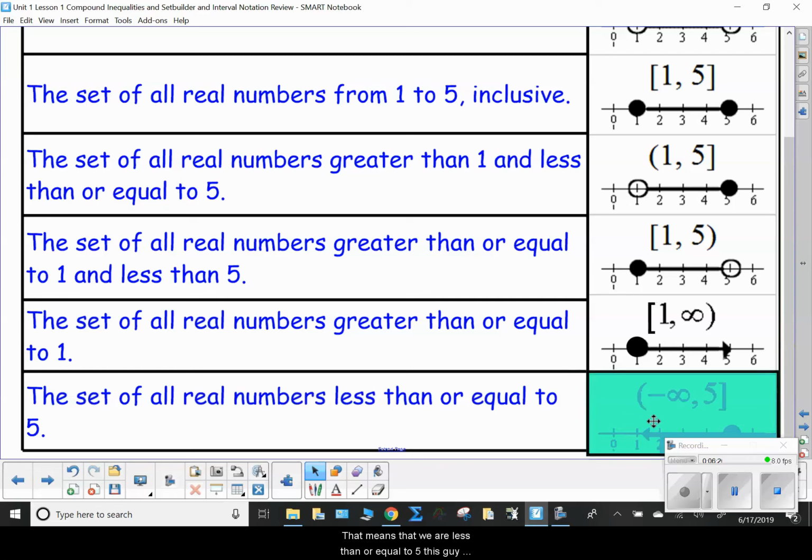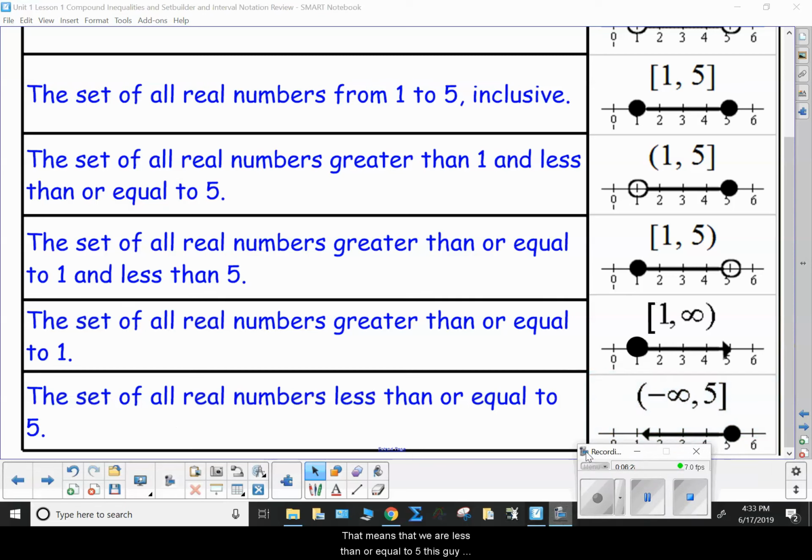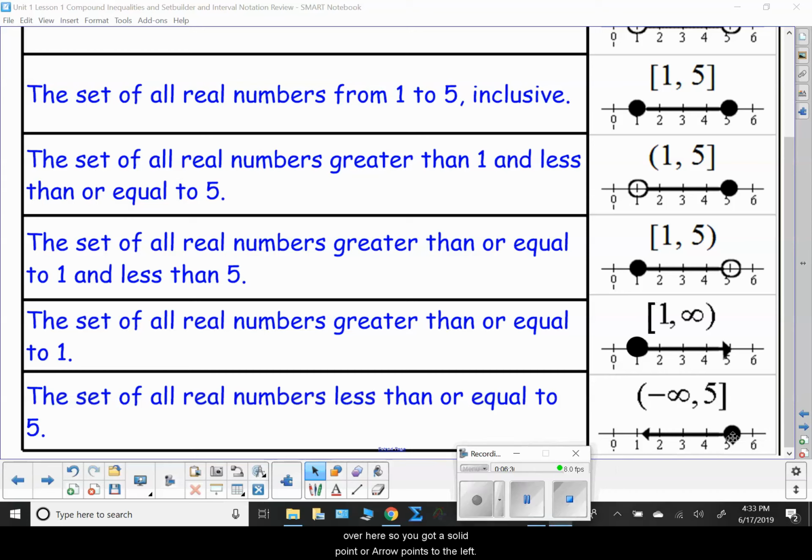Well, that means that we are less than or equal to 5. So we've got a solid point. Our arrow points to the left. When we do our interval notation, it's negative infinity to 5. Remember that negative infinity is the smallest number and infinity is the largest.